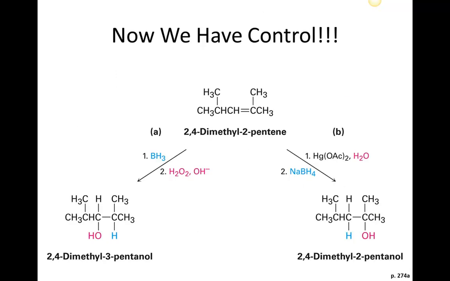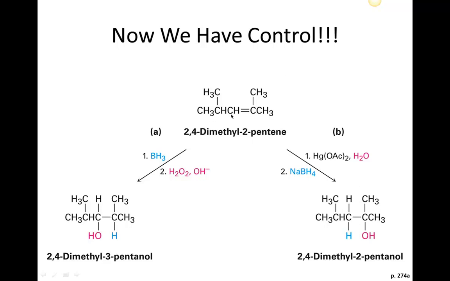So here's an example of an alkene with 2 different degrees of carbon. So this carbon is tertiary, this carbon is secondary. And so if we do the kinds of hydrations we talked about when we were doing electrophilic addition reactions, the hydrogen would go to the less substituted carbon.